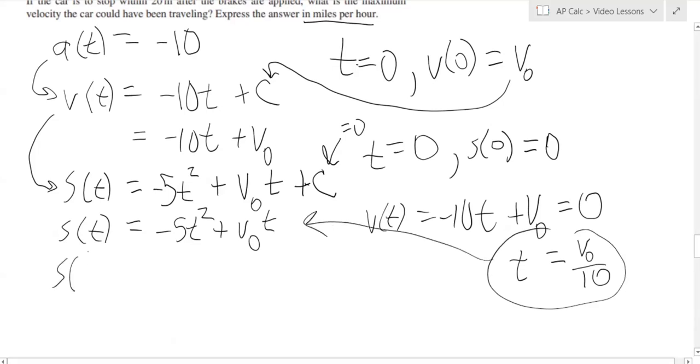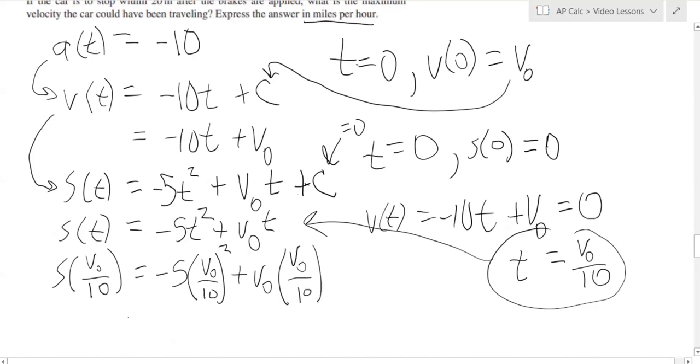So s of v naught over 10 is negative 5 times v naught over 10 squared plus v naught times v naught over 10.